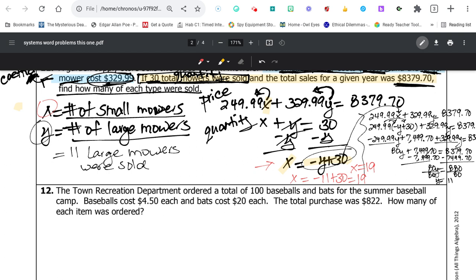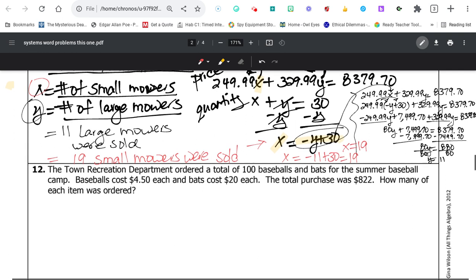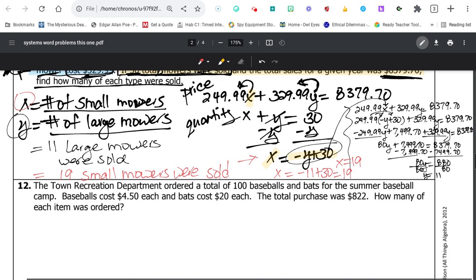Whereas I had 11 large mowers, here I have 19 small mowers sold. And 11 plus 19 is 30, okay? Hope that made sense, guys.